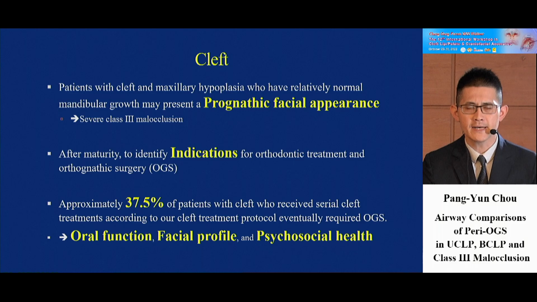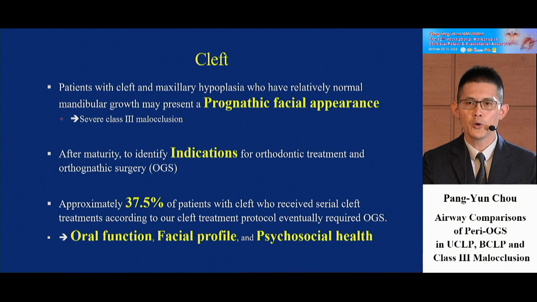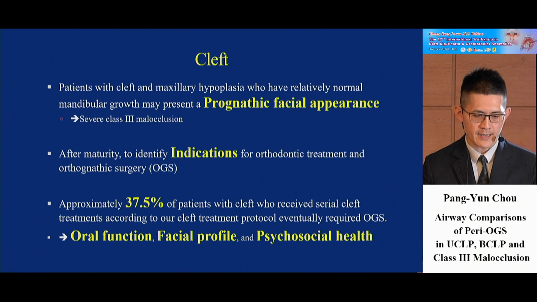In our data, approximately 37.5% of patients with cleft needed further orthognathic surgery in our center. The main purpose of OGS is to correct and have better oral function, facial profile, and a nice psychosocial health in daily life.